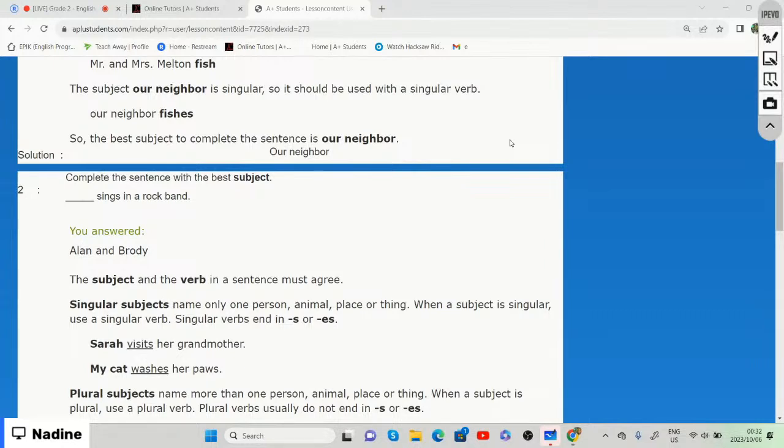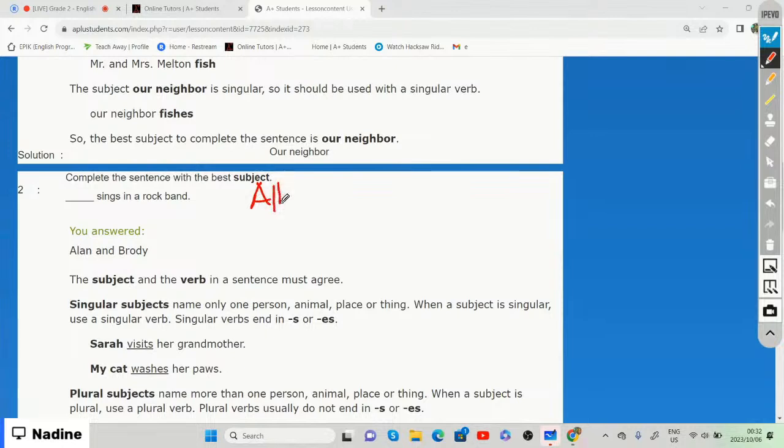Let's just say Alan Brody. So Alan Brody sings in a rock band. So it is a singular subject, and the singular verb either ends in s or es.